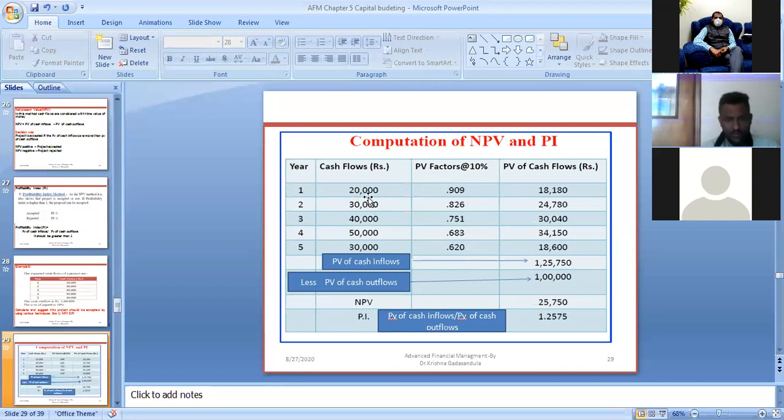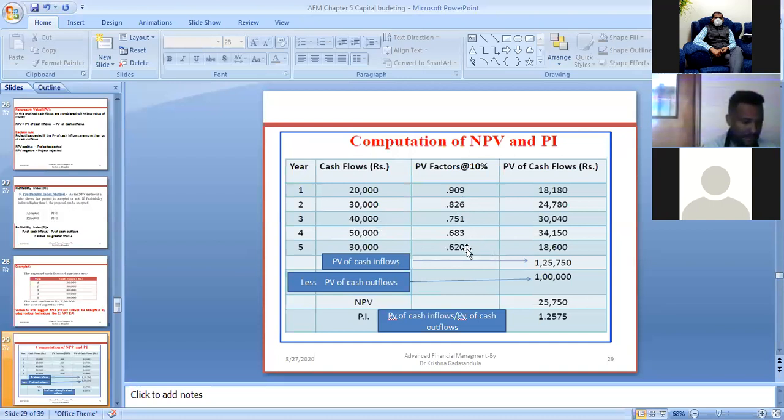First year, 20,000 times 0.909. We have to multiply these two: cash flows times PV factors. You can multiply this: 30,000 times 0.826, 40,000 times 0.751, 50,000 times 0.683, 30,000 times 0.620.